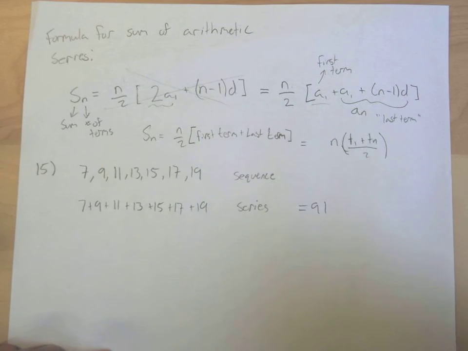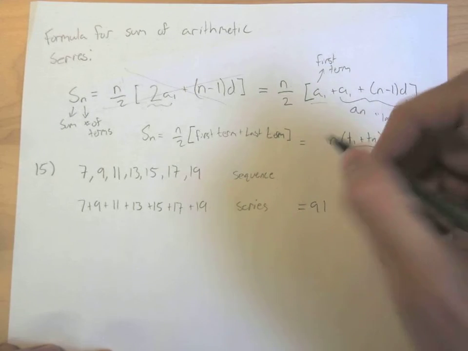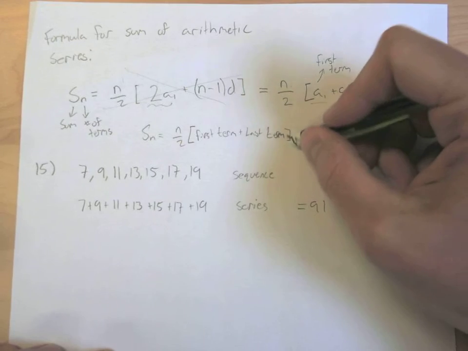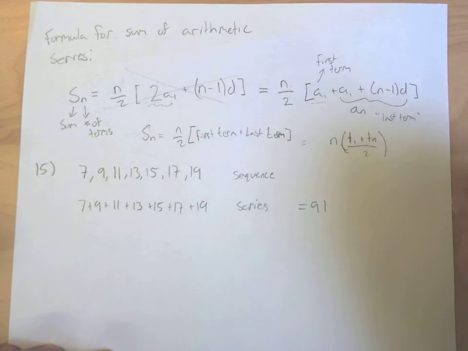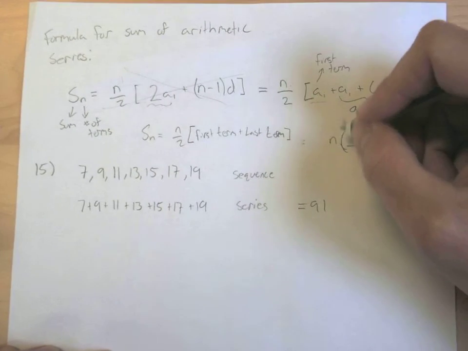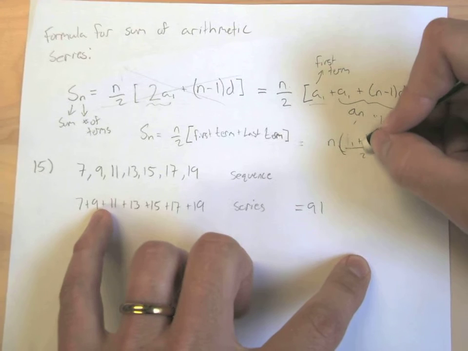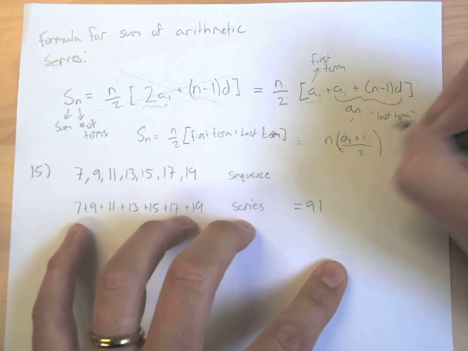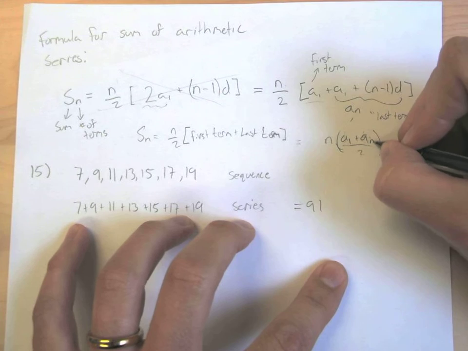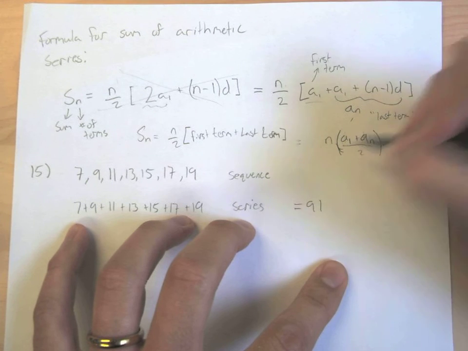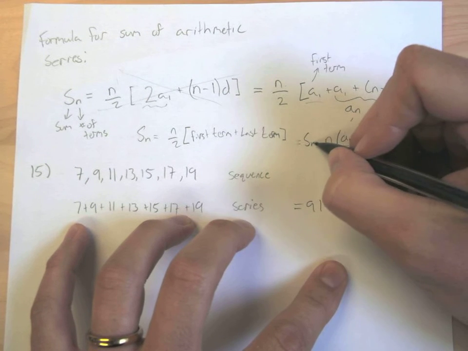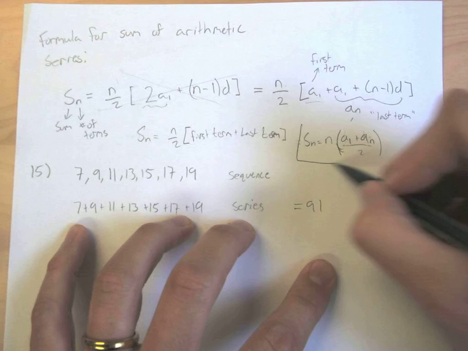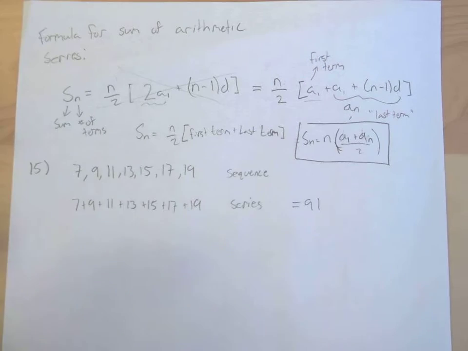So this is probably the version that I would look at, but we use A's. I think that's more common. I've seen it written with A's more often than T's, but just connect it to what's in your book. This is the formula for the sum of n terms in a sequence or series. That's the one you want to use.